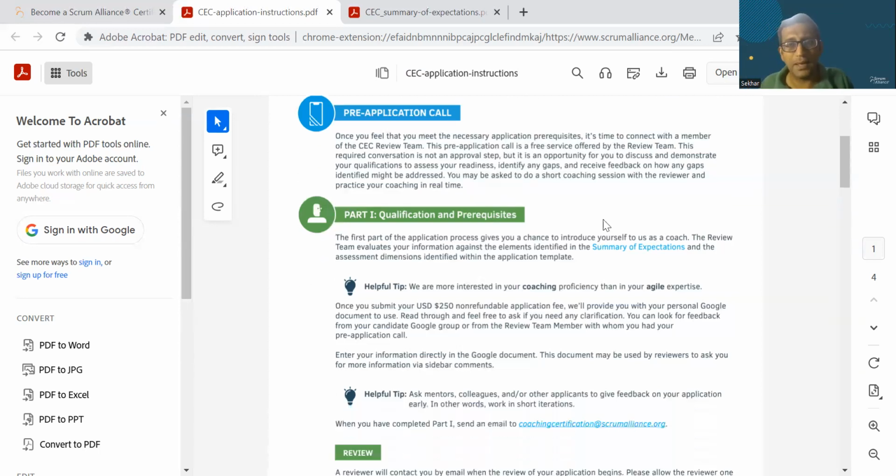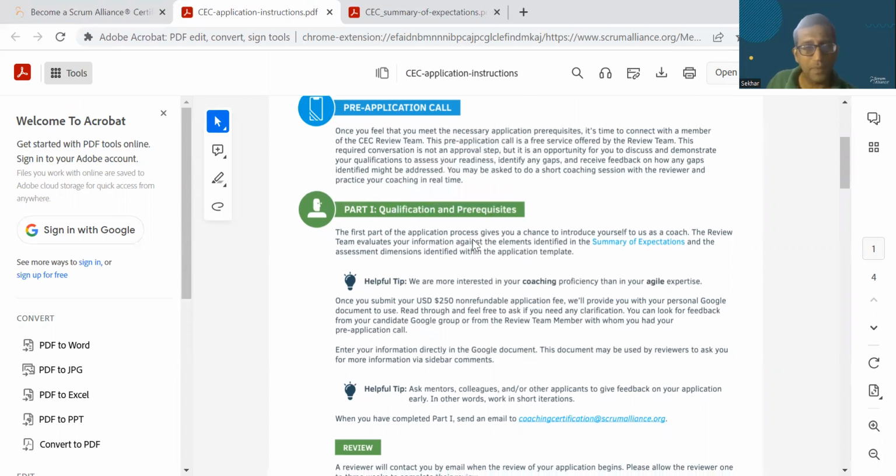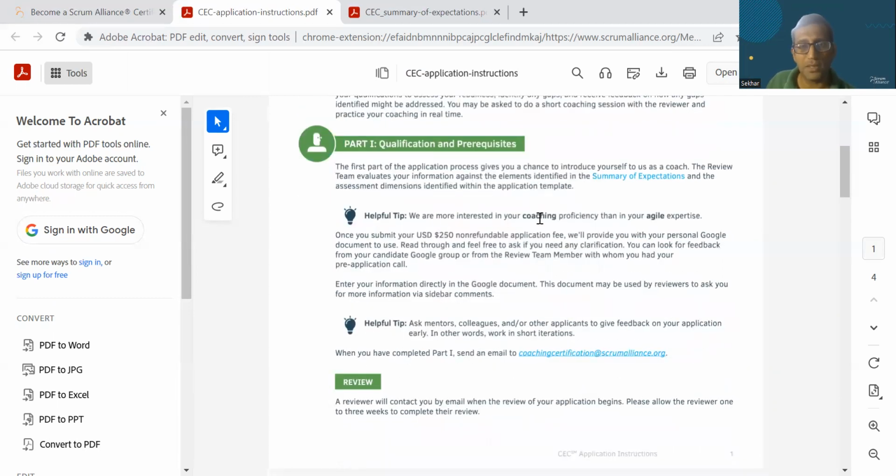Yeah. And then once you are good to go, there is part one, qualifications and prerequisites. So again, the tip is that we are more interested in your coaching proficiency than your agile expertise. Of course, if you have a title as an agile coach, you're expected to learn at least one agile framework.